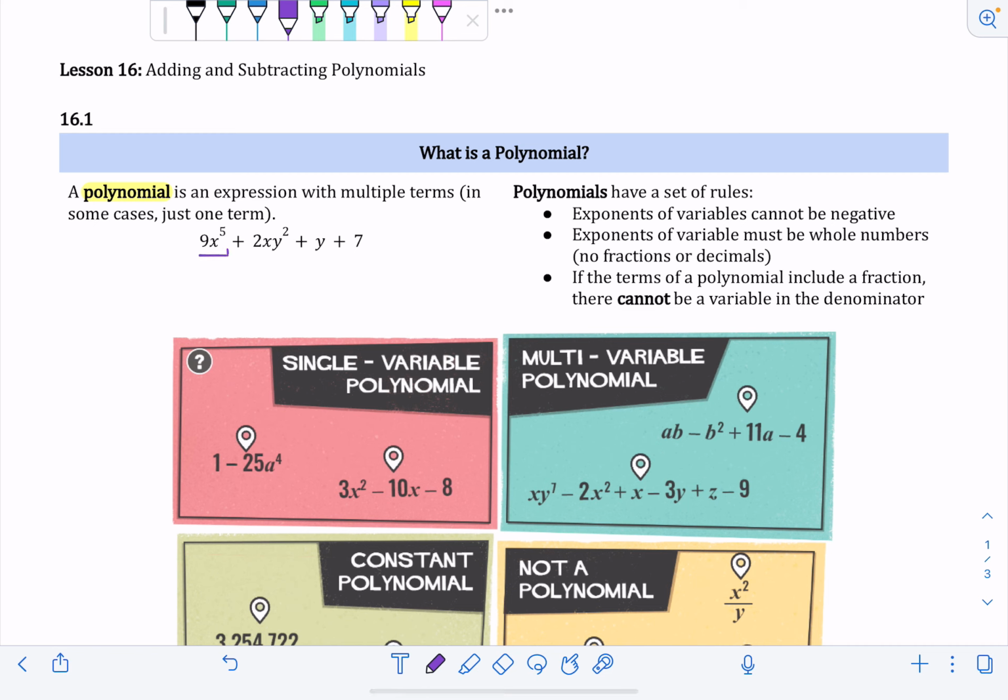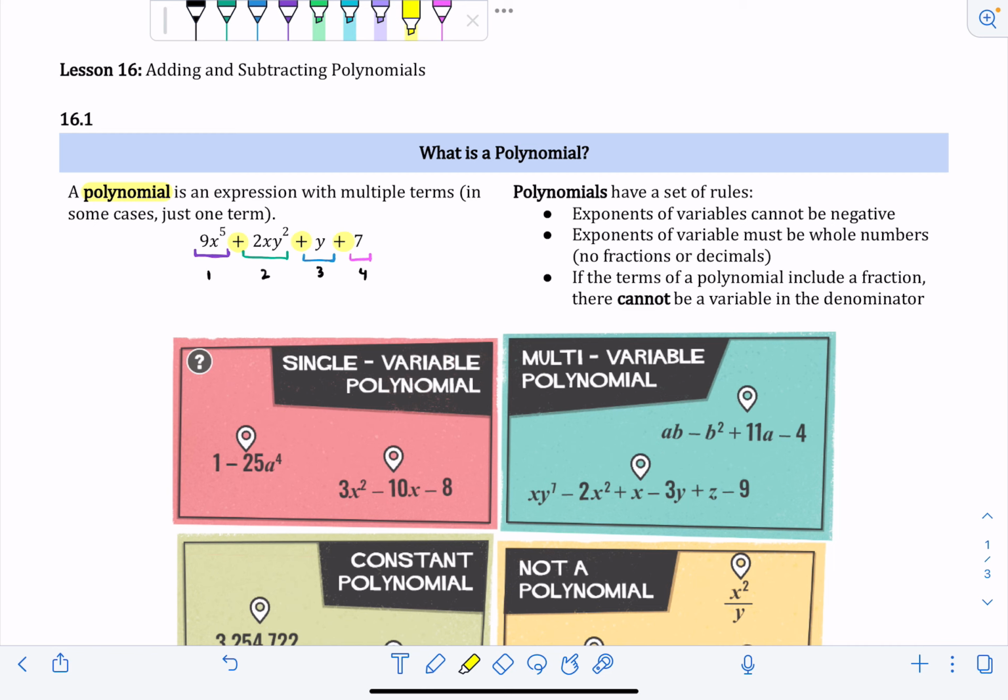So right here, the 9x to the fifth, that's one term. 2xy squared, that's another term. Y is another term, and then the 7 is its own term as well. So this one has 1, 2, 3, 4 terms in it, and notice all those terms are separated by plus signs. Like I said, if we had a minus in there, then that would just make it a negative term.